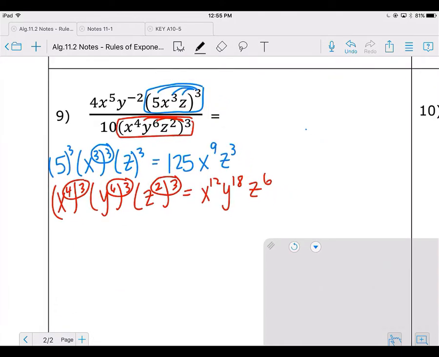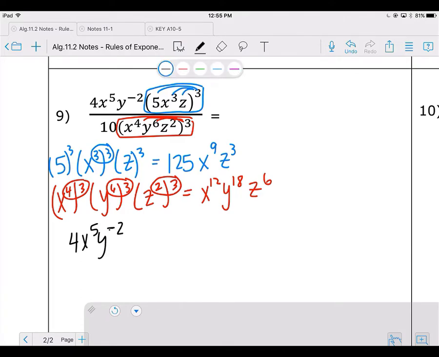Okay, so I'm going to replace what I have so far. So anything in black stayed the same from the original problem. Anything in blue or red is getting replaced.